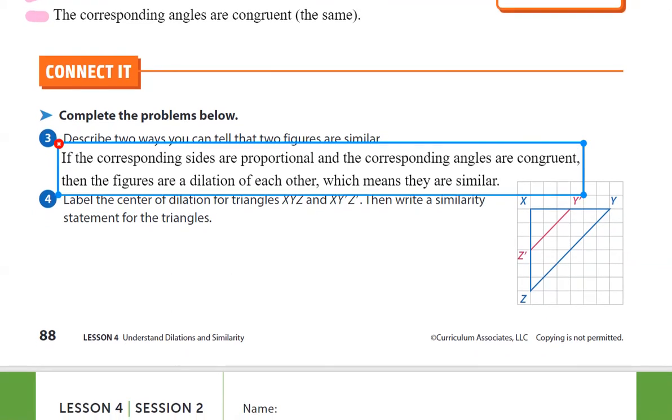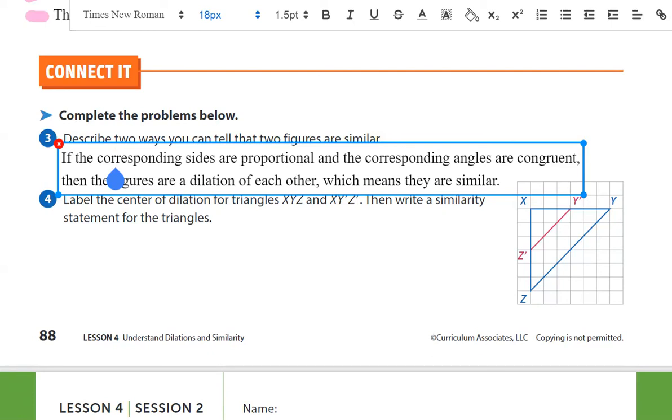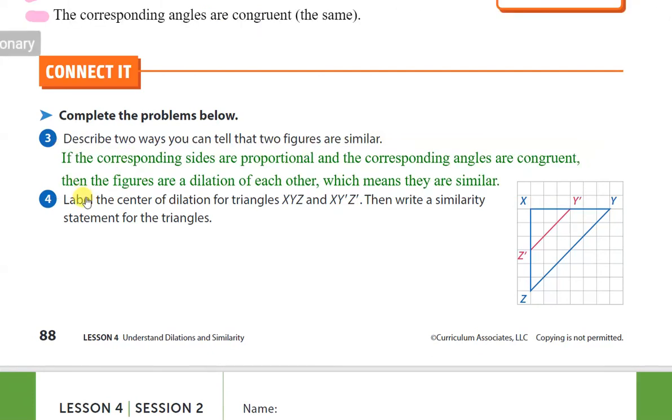I'll change that color because now it looks like it's part of the whole thing. That's better. Now you can tell I wrote it.